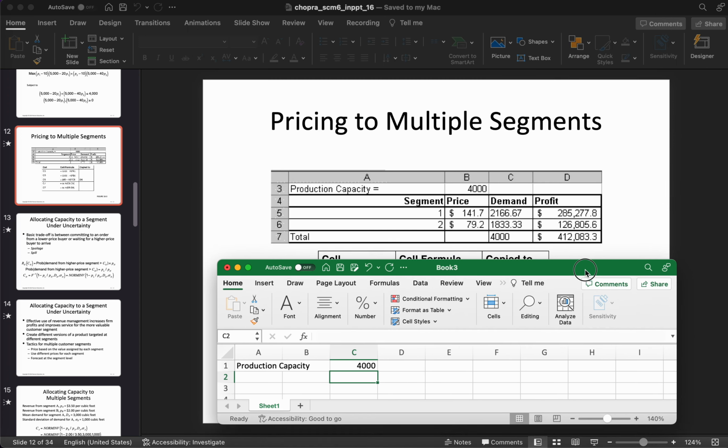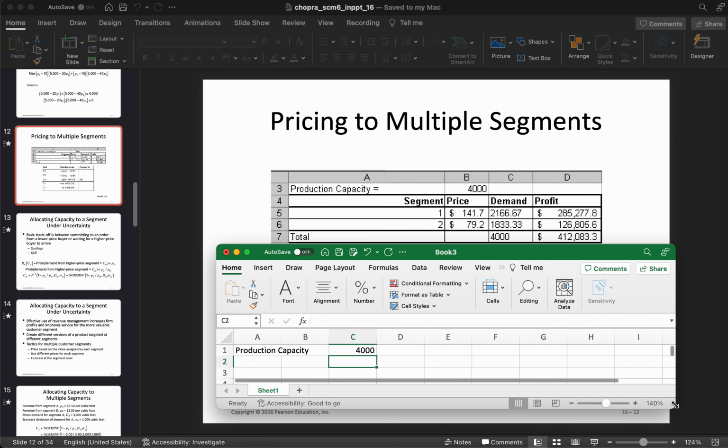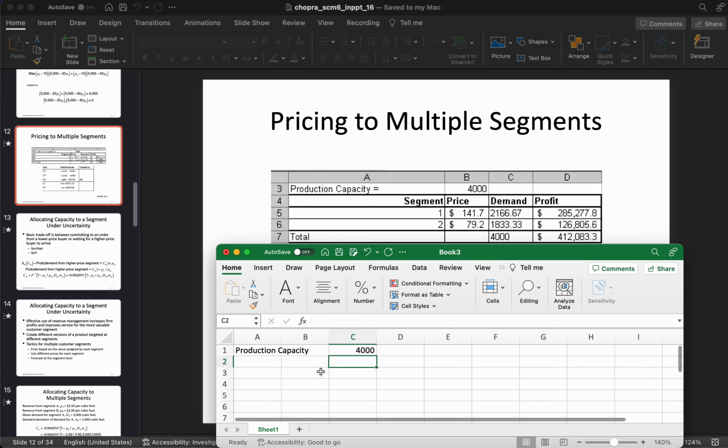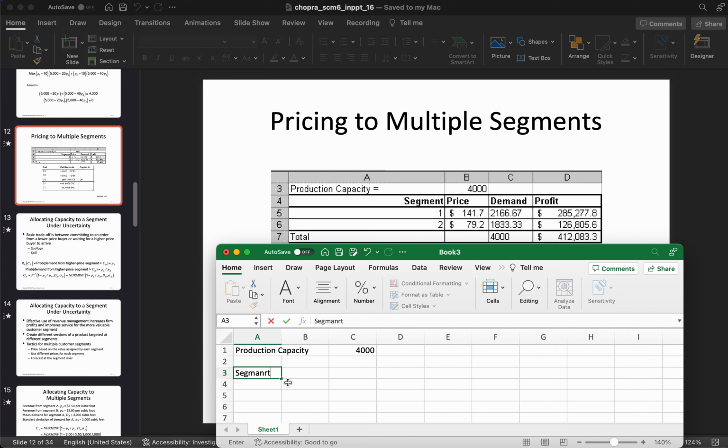So we have multiple segments. You have segment 1 and segment 2 with the corresponding demand values. So you have demand and the potential profit that you're going to make.